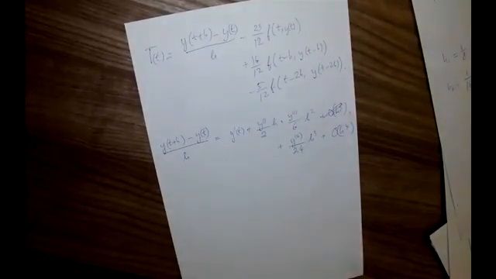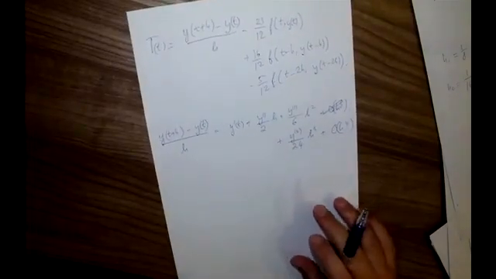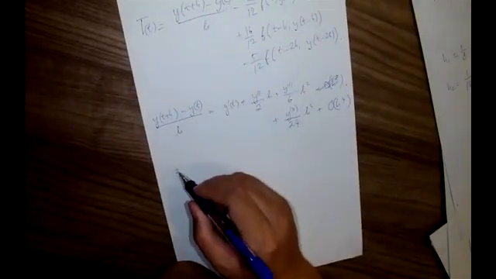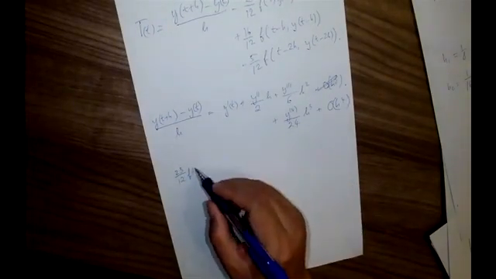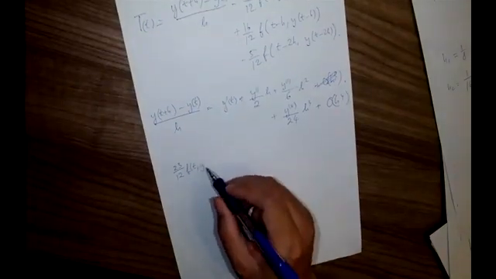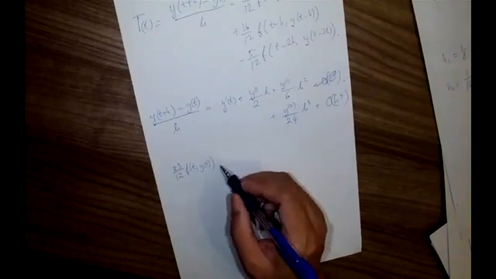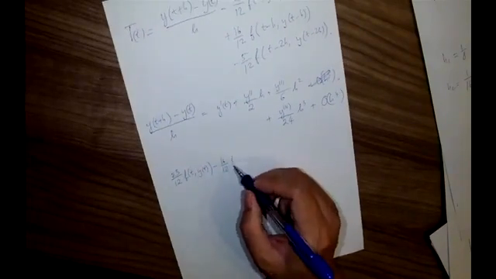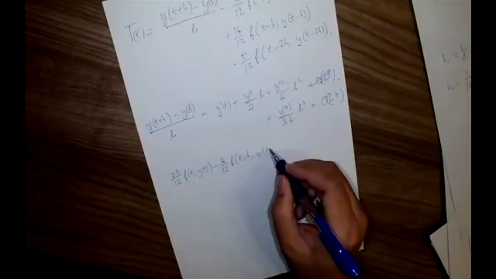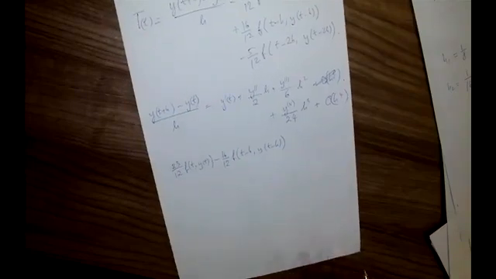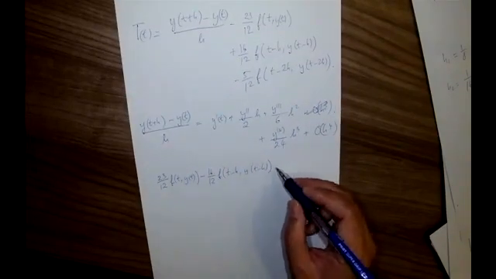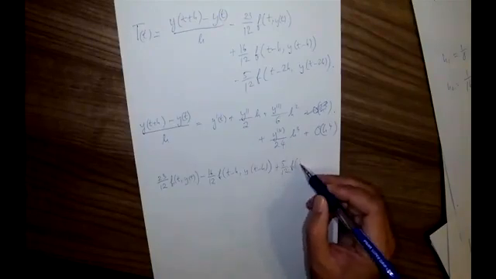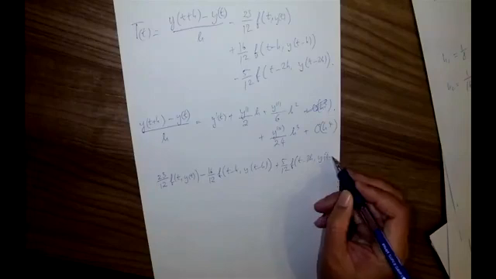And now, what are the other terms? So you have 23 over 12 f at t, y(t), minus 16 over 12 f(t-h, y(t-h)), and then minus becomes plus 5 over 12 f(t-2h, y(t-2h)).